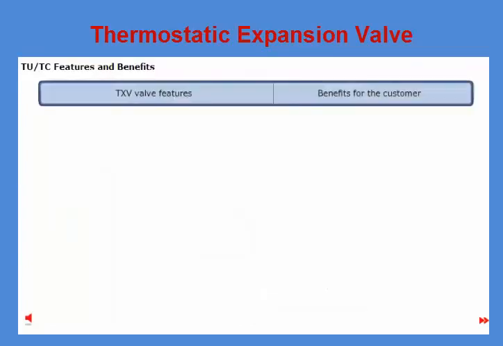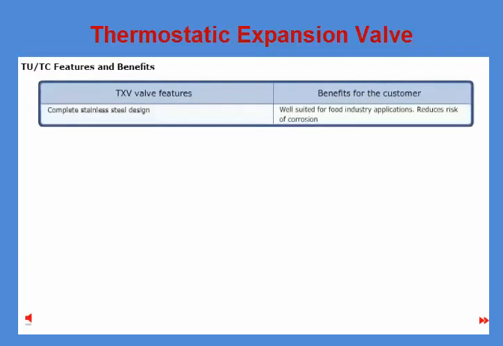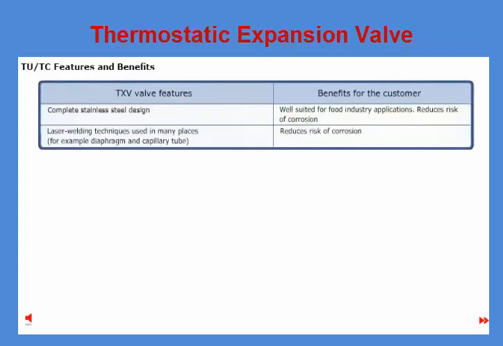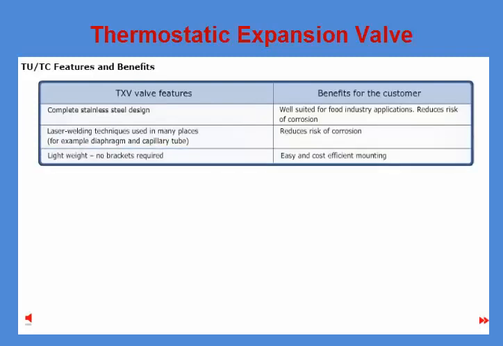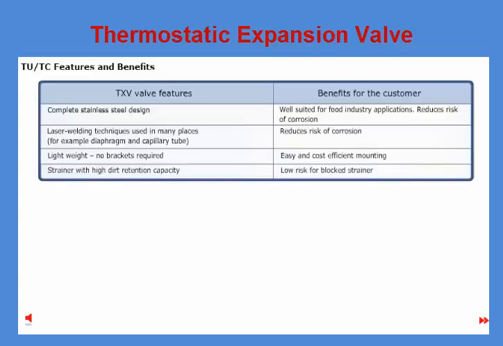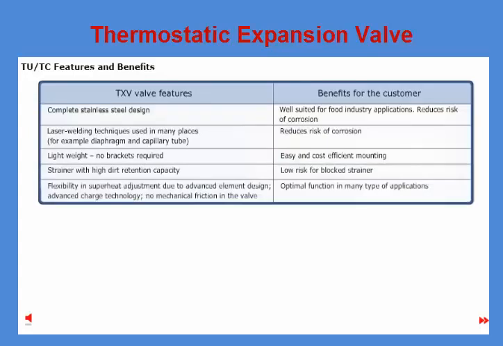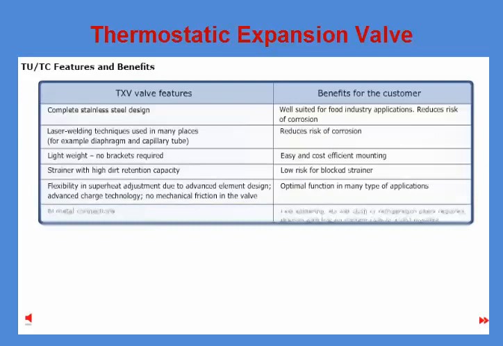Here you can see some general features and benefits of the TU-TC valve. Complete stainless steel design. Laser welded techniques used in many places, for example, diaphragm and capillary tube. Lightweight, no brackets required. Strainer with high dirt retention capacity. Flexible superheat adjustment due to advanced element design. Advanced charge technology, no mechanical friction in the valve.